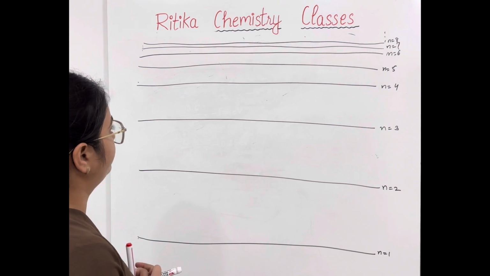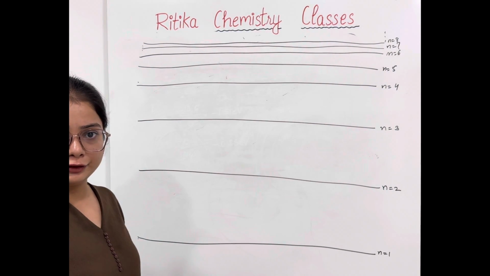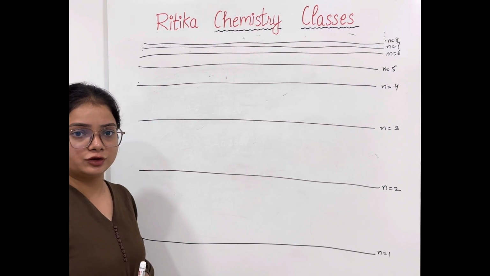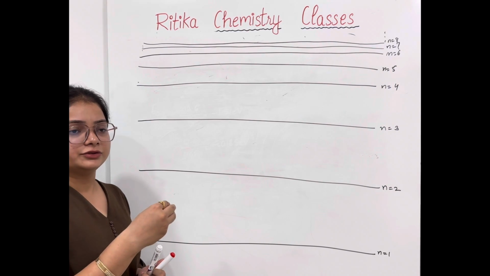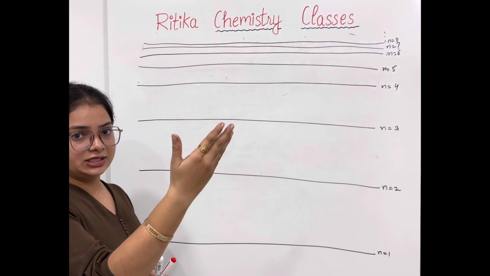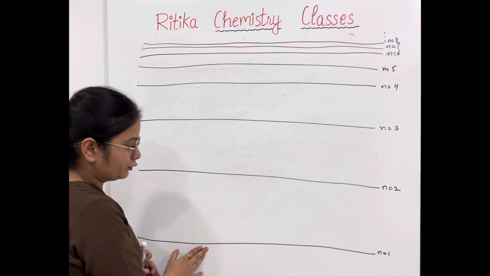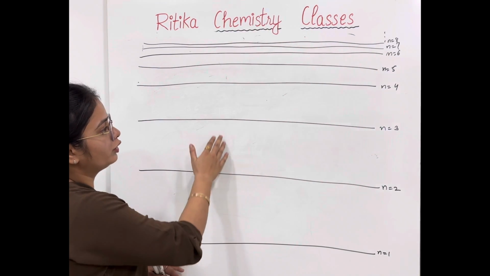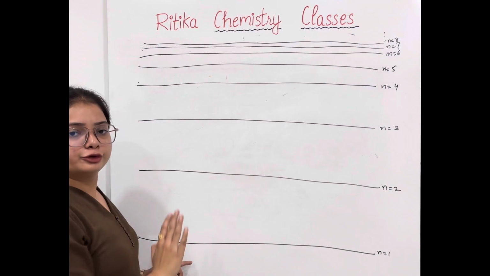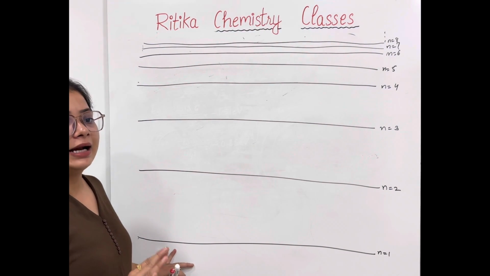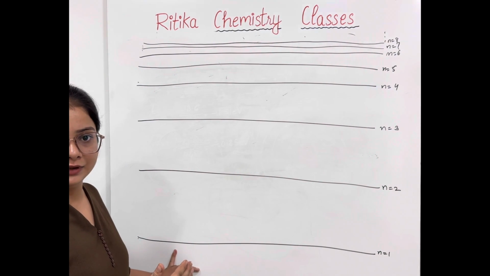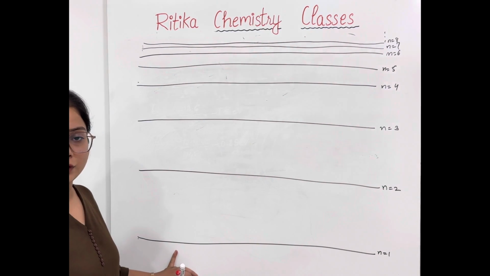If we talk about the line spectrum of hydrogen atom, we saw that when energy is supplied to different hydrogen atoms, the electrons are excited to different energy levels. From n equals 1, they will be excited to n equals 2 or 3, 4, 5, or so on, any energy level. And then they will come back to lower energy levels by emitting energy of certain wavelength, or we can say frequency.